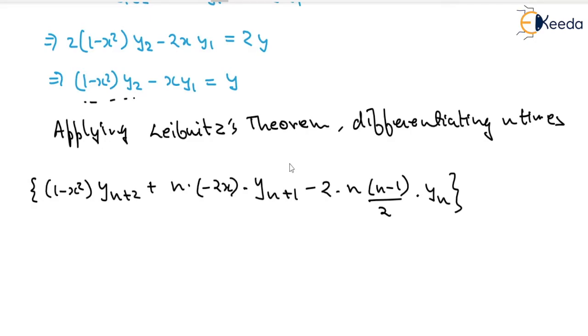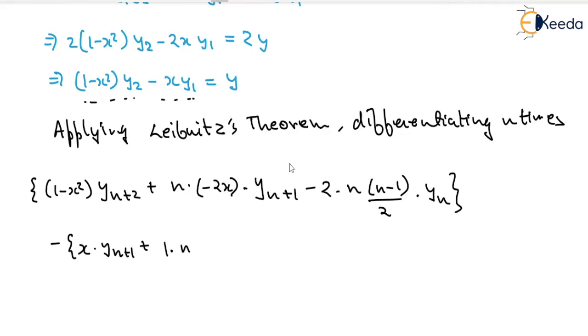The second term, minus xy1, will be minus of nth derivative of y1. y1 is y dash. So yn plus 1. Now we can find first derivative of x, and after that we won't have any other term because it will be 0. So x differentiation will be 1.